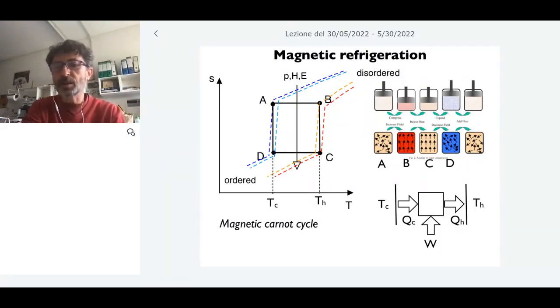Instead of compression, you take your material in a disordered state and apply a magnetic field, so you will get heating. And the expansion means that you take the ordered material and you remove the field.